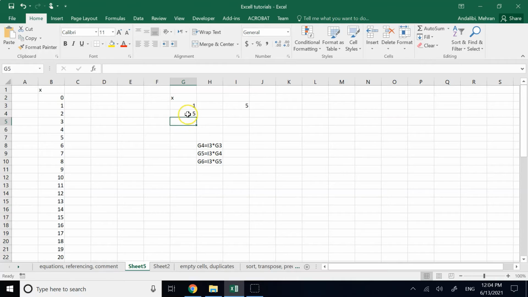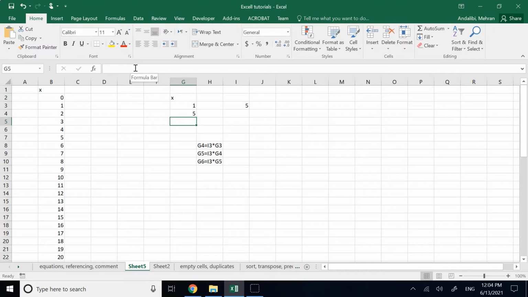If you want the location of that I3 not to change as you extend it down, what you need is to use two dollar signs, one before I and one before 3. Whenever you specify any cell by the two dollar signs, one before the column letter, one before the row number, that location of the cell will be absolute. It's not going to be updated.